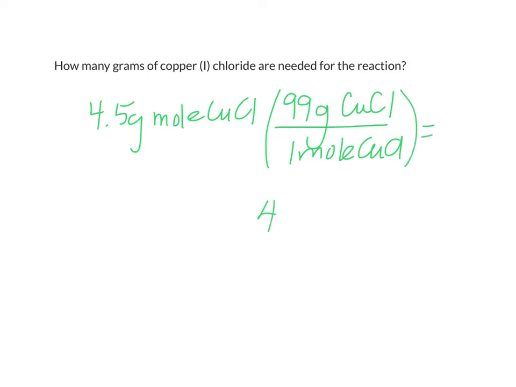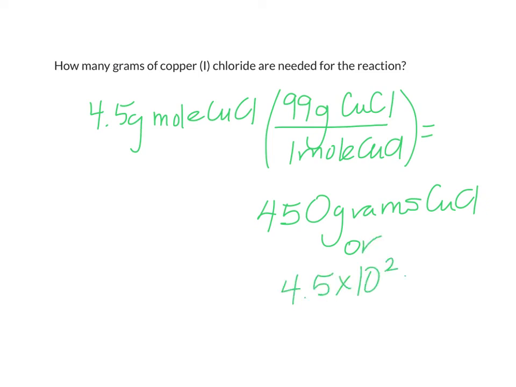And so I get 450 grams of copper 1 chloride, or you can write it as 4.5 times 10 to the second grams of copper 1 chloride.